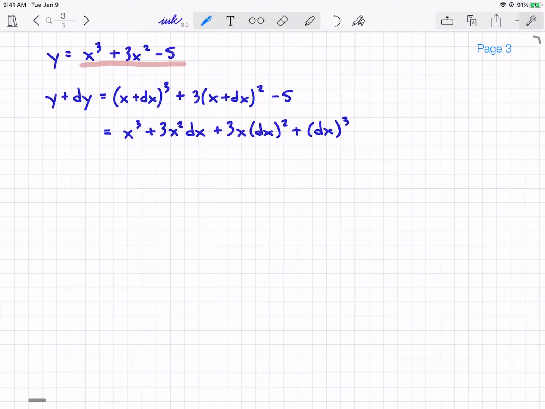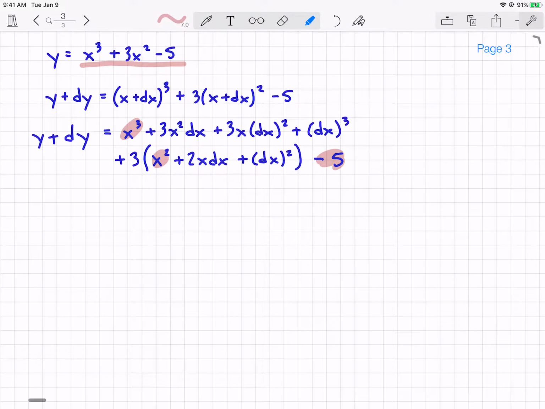And when you cube it, wow, it's tiny. Then I've got plus 3 times the quantity x squared plus 2x dx plus dx squared, and finally minus 5. When I distribute the 3 in, I'm going to have a 3x squared, and then I've got this x cubed and the minus 5, so I'm going to get rid of those, and on the left, all I've got is dy, because I'm going to get rid of the y.